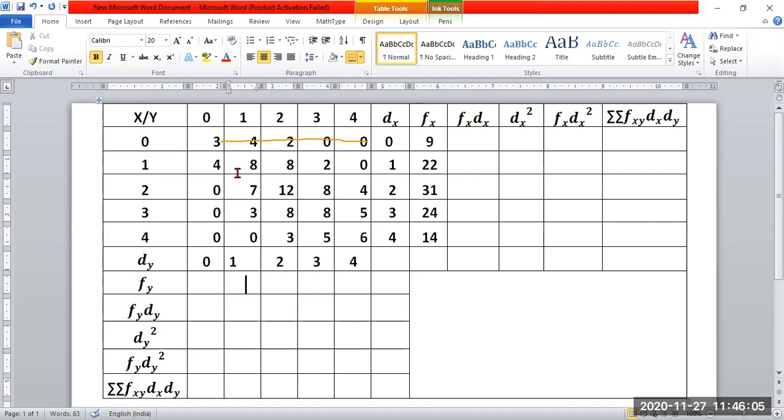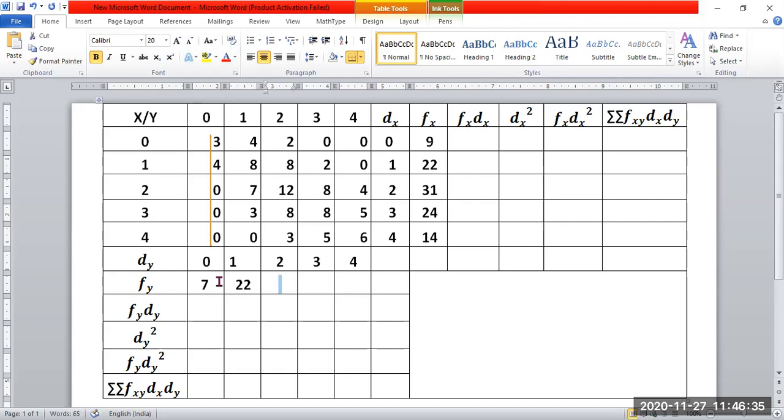Okay, next we come to the columns. This way you have to add. Let's see what the total is here. 3 plus 4, that is 7. The next: 4 plus 8 plus 7 plus 3, 22.